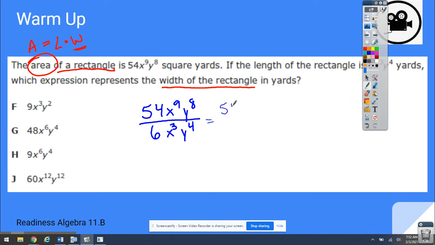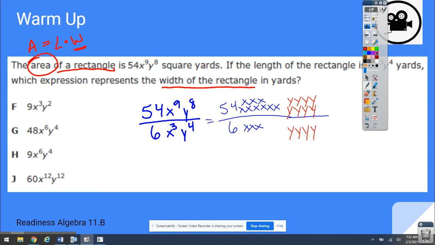So I'm going to have my 54 over 6, and then if I expand out, 1, 2, 3, 4, 5, 6, 7, 8, 9, and I have 3 on the bottom. 1, 2, 3. Okay, my y's I also have here, so I'm going to do the y's at the same time. 1, 2, 3, 4. 1, 2, 3, 4, 5, 6, 7, 8. There we go. So I got 8 here, and then 4 y's here. So let's go ahead and start canceling things out.